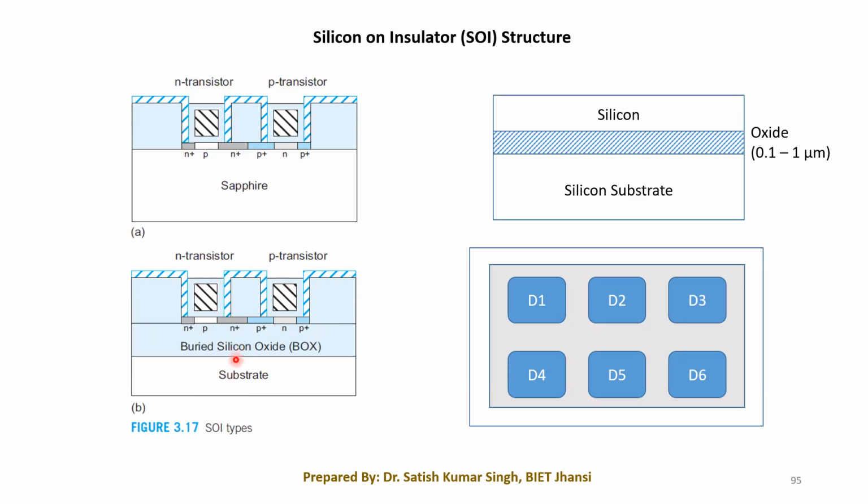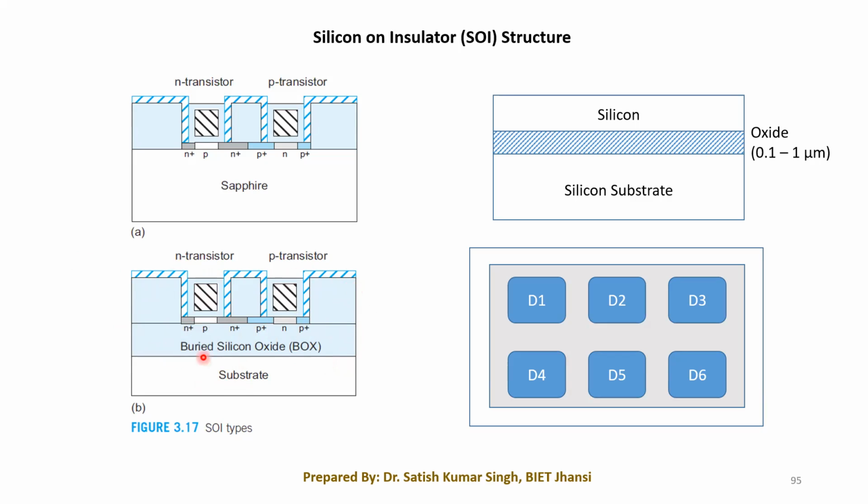In the trench isolation we had the substrate and directly we had this particular layer. But in silicon on insulator, this silicon layer is deposited over a particular insulator. Fine.